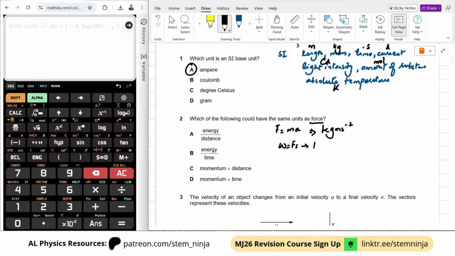So force would be work over displacement. Work is in joules, and this is in meters. So force would be kg meter squared per second squared divided by meters. So that would also be force. So again, this is A.